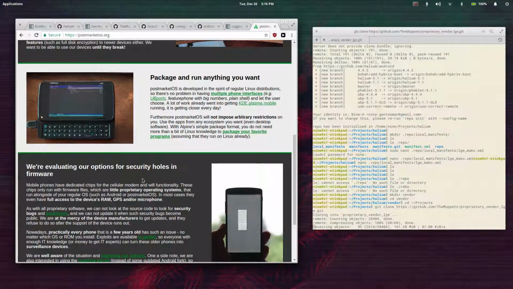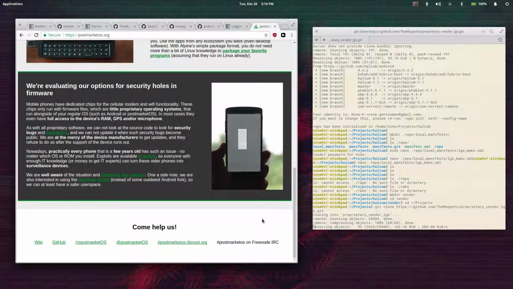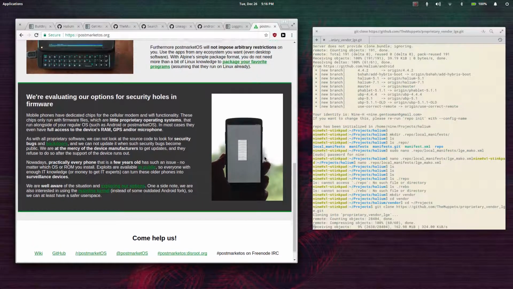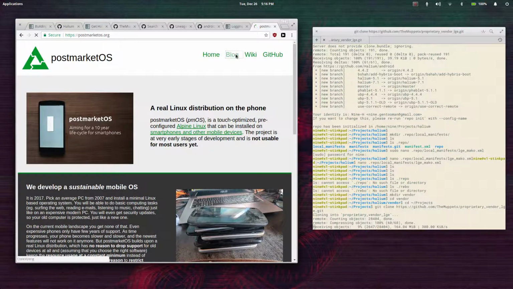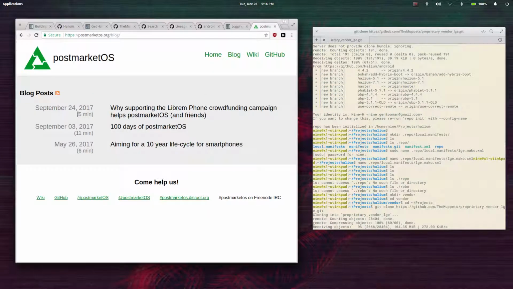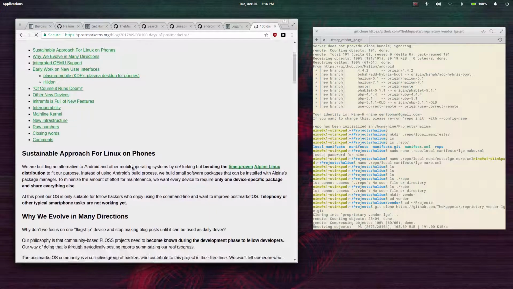Again, it's cool, but they don't actually have an interface project. And apparently they've only been running since May this year.